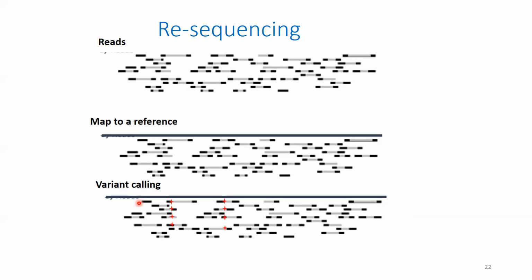However, you can imagine that if our reference genome does not contain all the genomic regions present in our sequenced genome, those reads will be discarded. They will have no place where they could be aligned to. That is to say, with resequencing, although it's easier, we can only interrogate regions present in a reference genome.